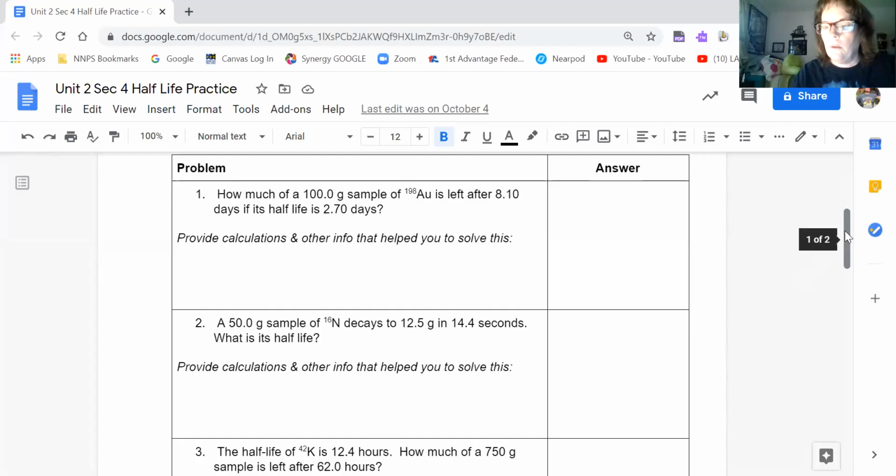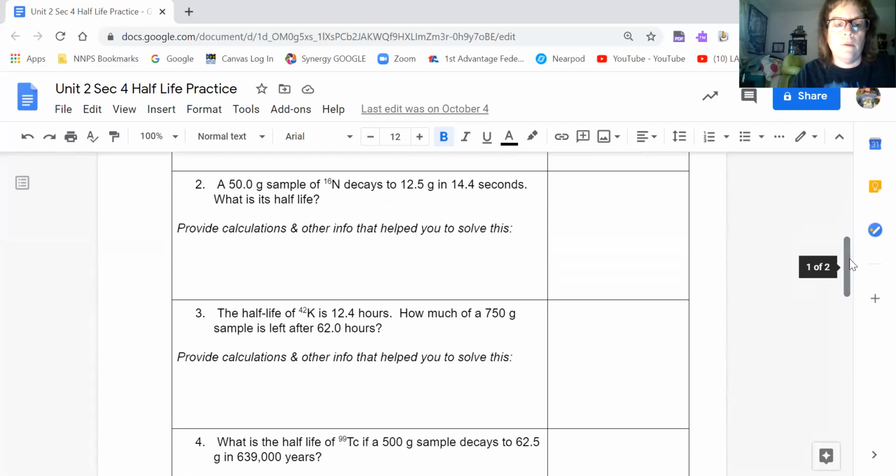Okay, next problem. Go back and look. Homework. Our next problem was a 50-gram sample of nitrogen-16 decays to 12.5 grams in 14.4 seconds. What is its half-life? This one's a little bit different. This one says we have a 50-gram sample. That's how much we start out with.